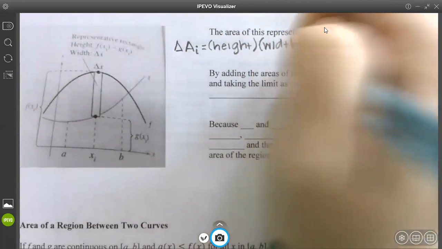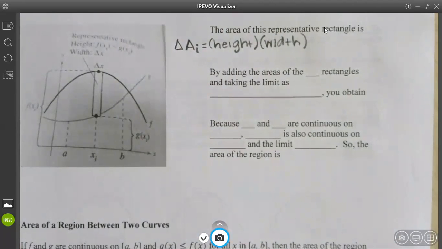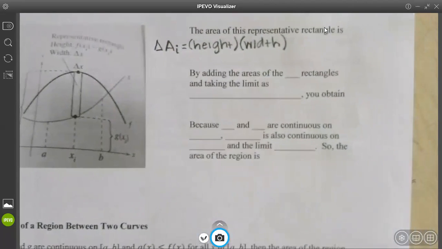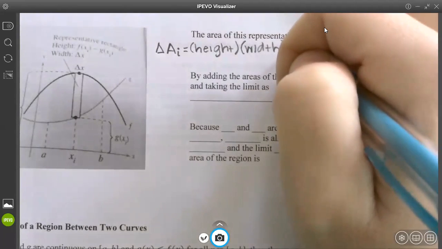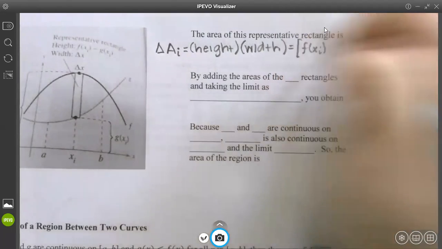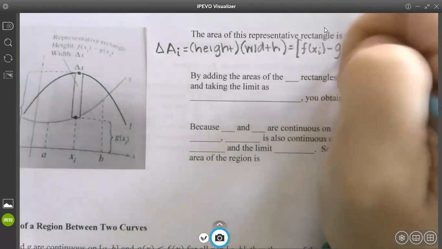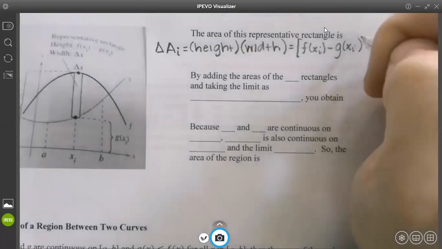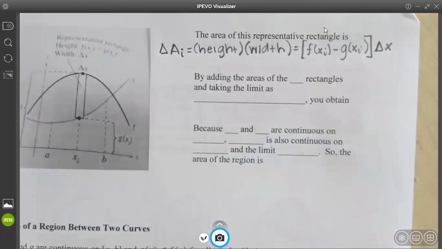And you already know that because a rectangle is length times width. They just use height on this one. Which is the same thing as f of x sub i minus g of x sub i, times delta x.